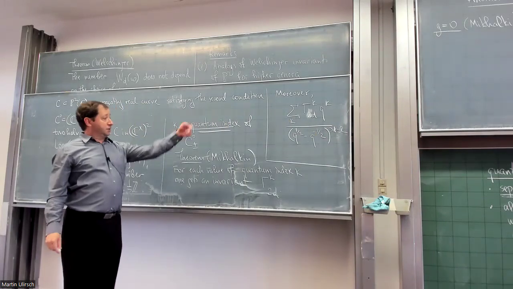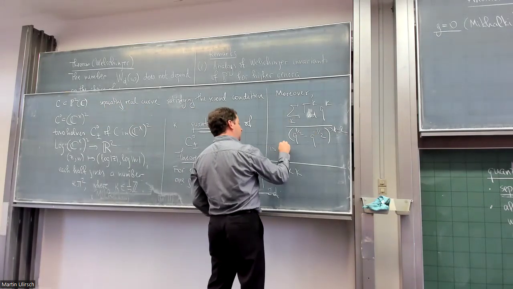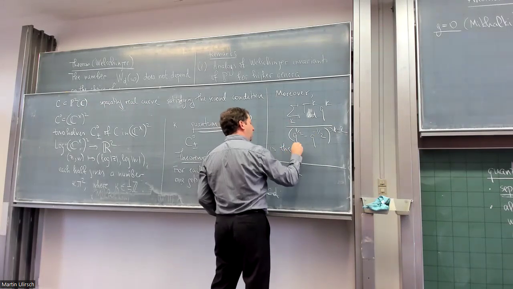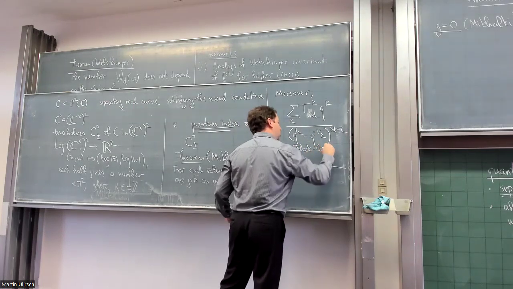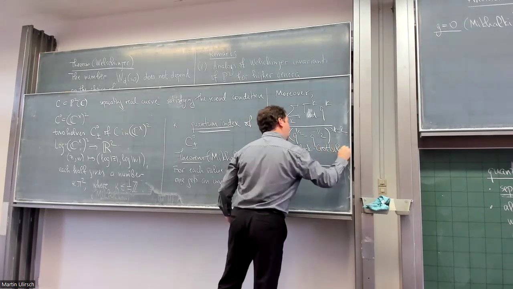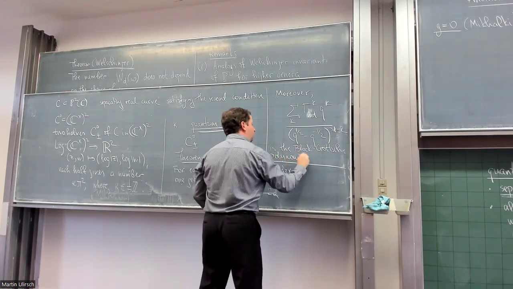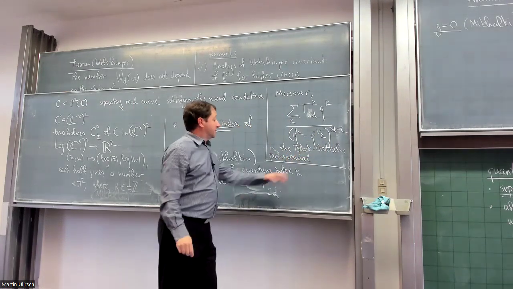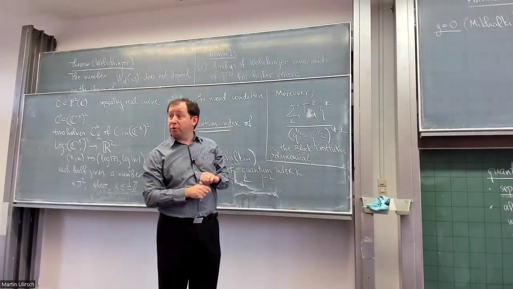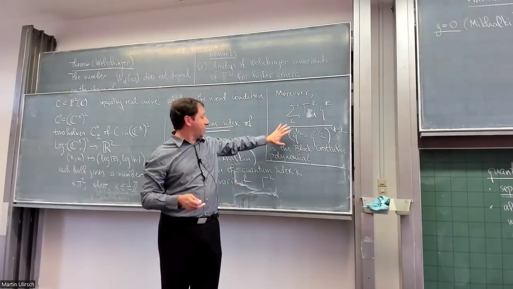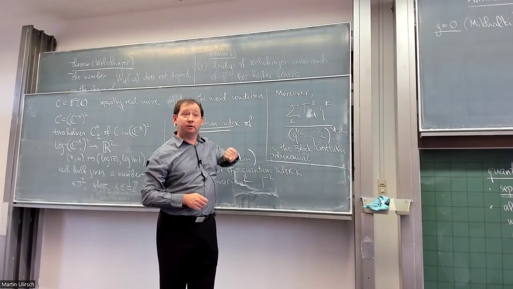And the claim is that the result is the Block-Göttsche polynomial in this enumerative problem. It's not the Block-Göttsche polynomial I described before, because our enumerative problem was different, but in this enumerative problem you also have the corresponding Block-Göttsche polynomial.